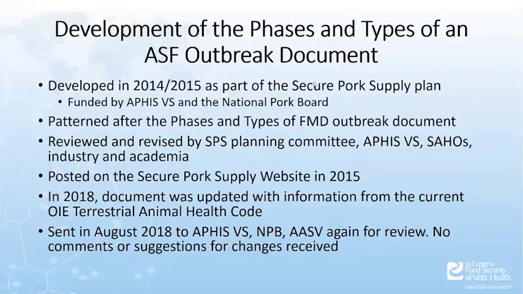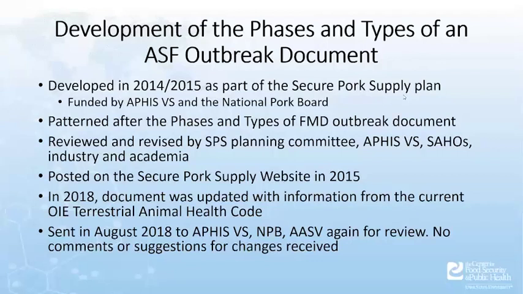In August, I sent it to APHIS VS personnel, to National Pork Board and American Association of Swine Veterinarians, again to be distributed in their organizations and reviewed. Didn't get any comments or suggestions for changes after that was sent out.